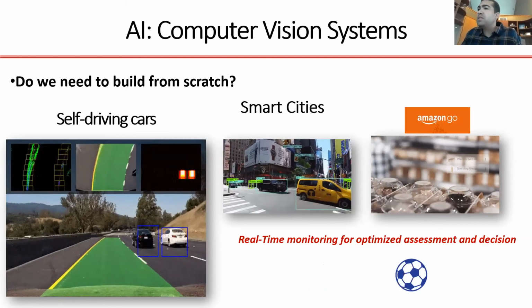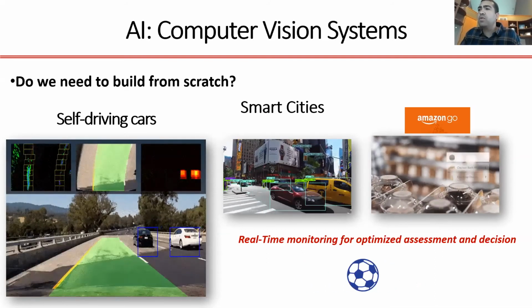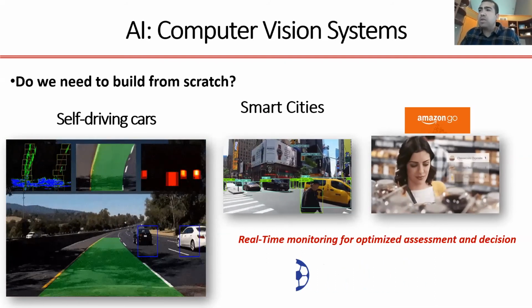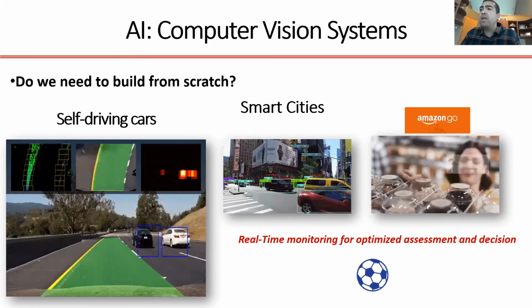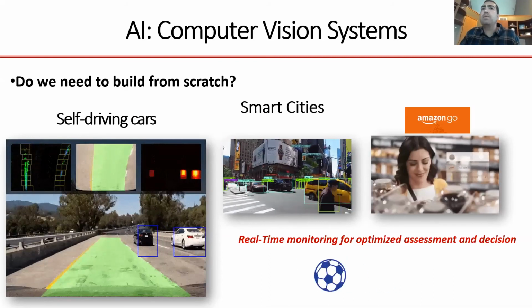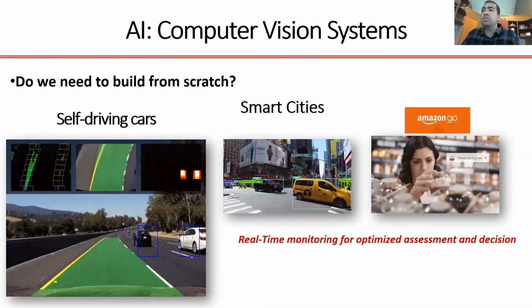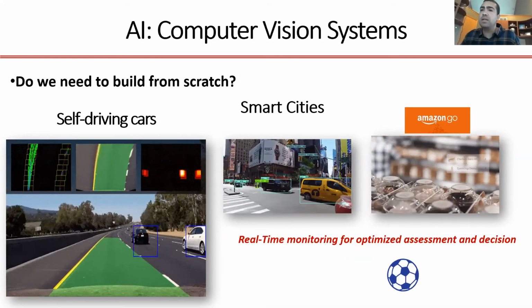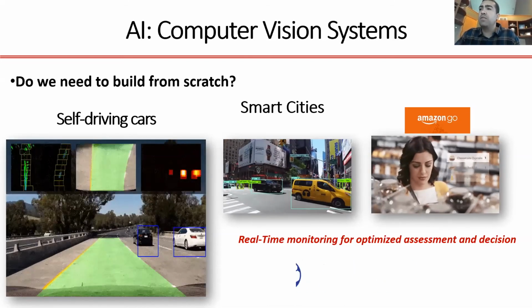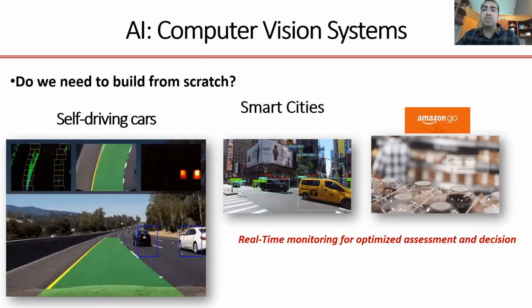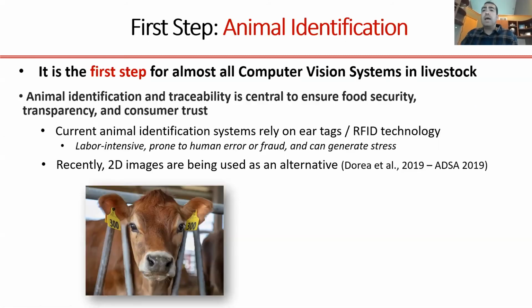And we have smart cities and retail and grocery stores using cameras to control what people are buying. So that is a field that is already developed, and we do not need to reinvent the wheel. We can take advantage of other industries and bring a lot of good technology to the livestock industry.